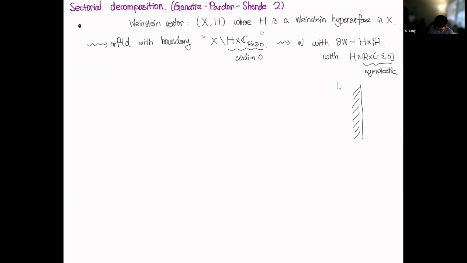And what is the good thing about this? Well, we can try to write down a handle structure which is relative to the boundary, and is suitable for gluing.